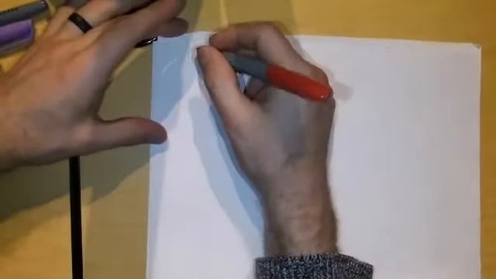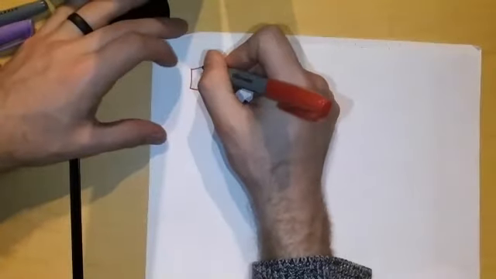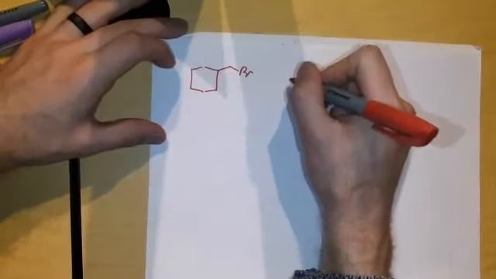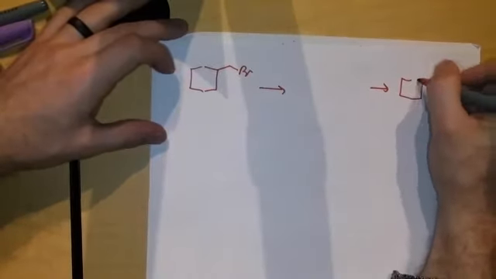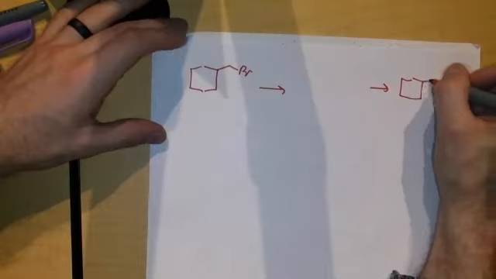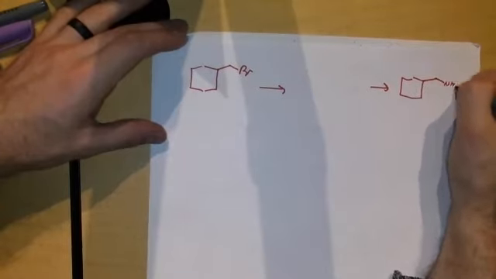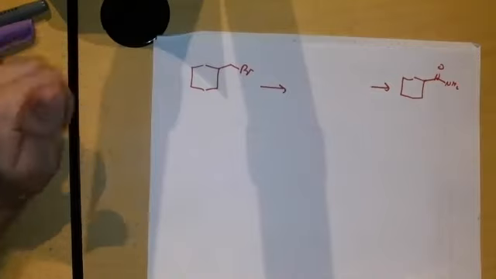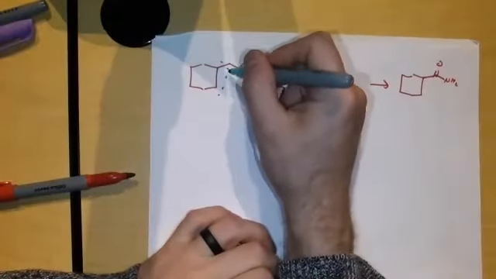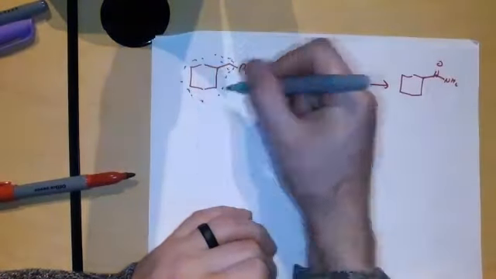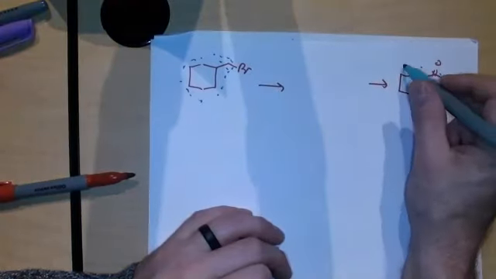Now let's take a look at the next one. We've got kind of the opposite: we don't need to add any carbons for this one. The reason is, taking a look at what we're starting with versus our final product, we have the right number of carbons.